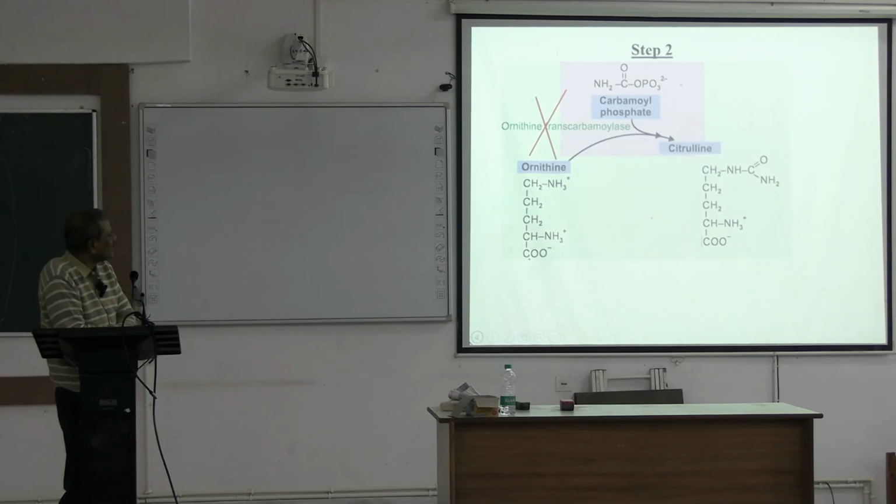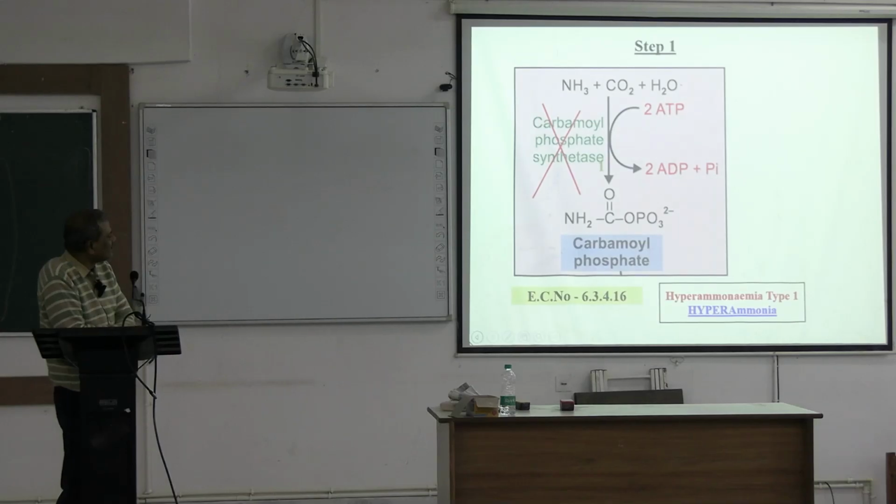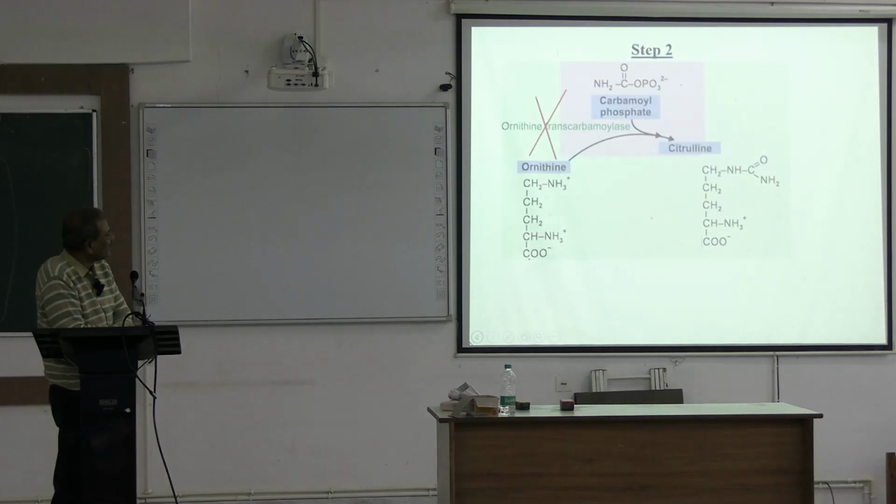Because you see here in the first reaction, the carbamoyl phosphate is there. In the second reaction, the block is here. So, carbamoyl phosphate will also be deposited, will be in excess, because the reaction has proceeded up to this stage and there is a block.